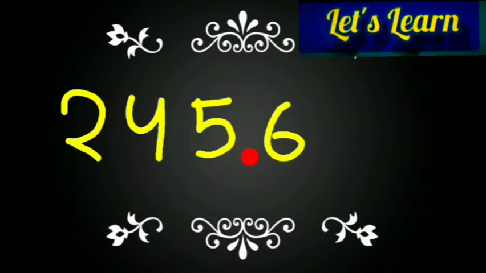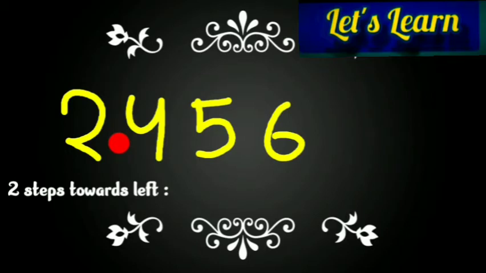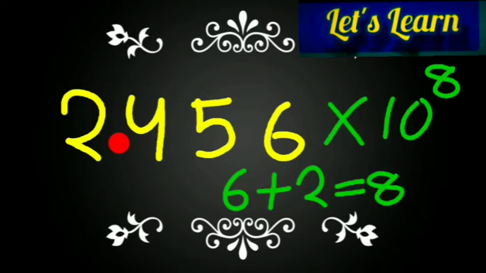The decimal point will now move towards left. How many steps? 2 steps to make it 2.456. Since it moved 2 steps towards left, the power will increase. Therefore, we will add to the previous power 6, 2 added becomes 8. So the new power is 10 to the power 8.